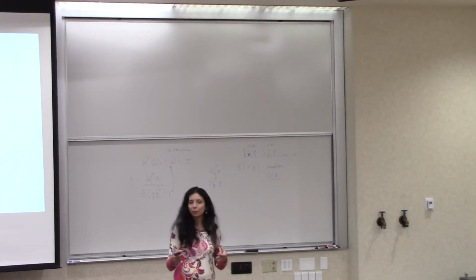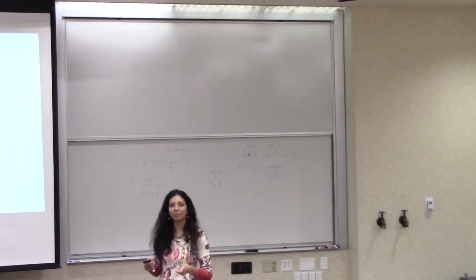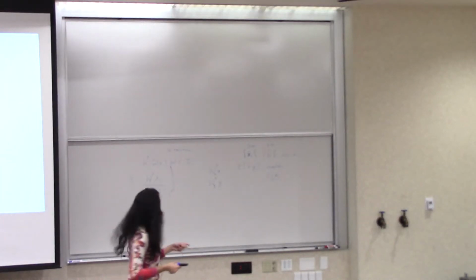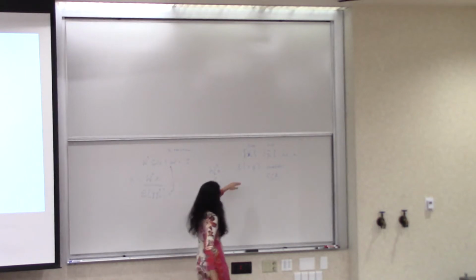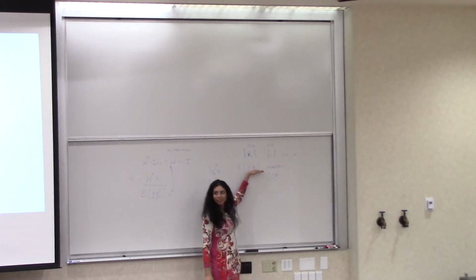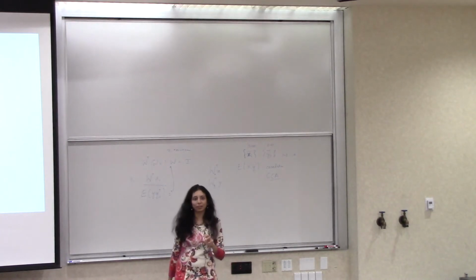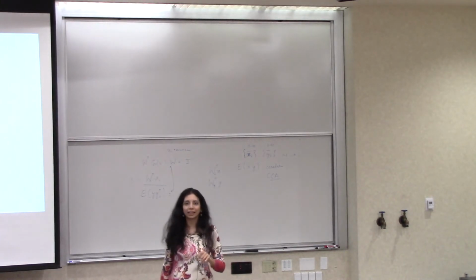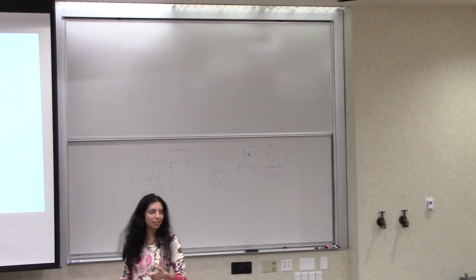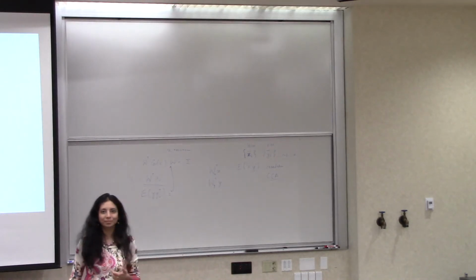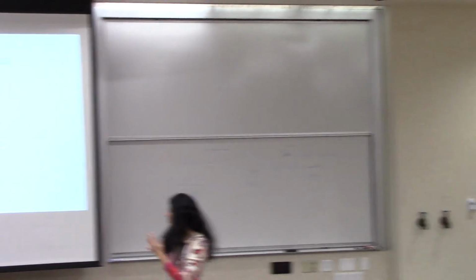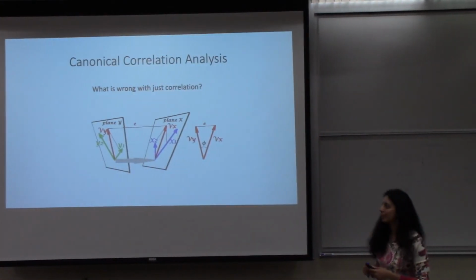If I have two data sets, what does a principal direction mean? I could have taken the principal direction directly on correlation, but in many applications that's not the right measure because it's dependent on the absolute scales, and canonical correlation analysis tries to overcome that. That's mostly the intuition I wanted to give for this model.